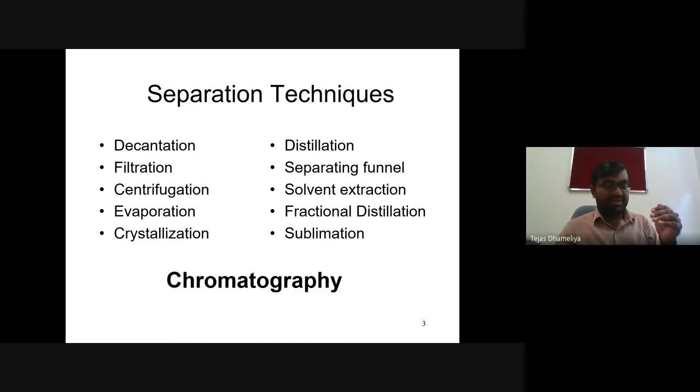Ethyl acetate will be at the top and water will be at the bottom. If our compound of interest is insoluble in water but soluble in ethyl acetate, we can separate that compound from the reaction mixture using ethyl acetate. First we remove the water, then we evaporate and condense the ethyl acetate. So that is also a kind of separation we can do with a separating funnel.